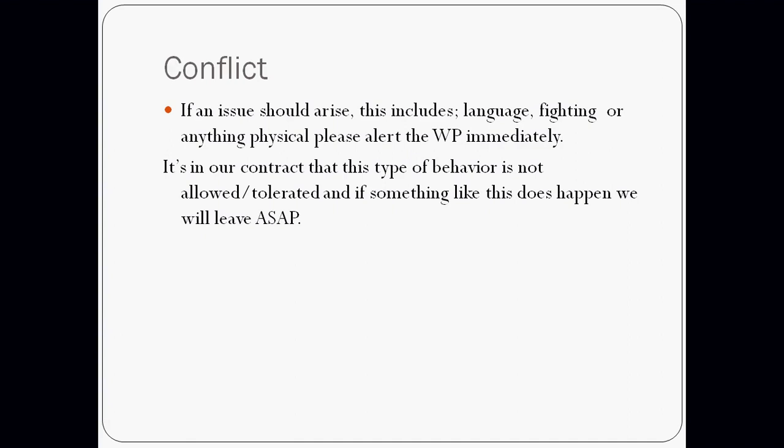It's in our contract, and I want everyone to know this, that that type of behavior is not allowed or tolerated. And if something like that happens, we leave. So if someone touches one of my assistants, volunteers, me, the wedding planner, I pack my stuff up and get out of Dodge because, number one, that's not cool. And if it gets really out of hand, I call the police. That's just how it's going to have to go. We haven't had an issue, but just so everyone's on the same page, and we all know what to do.